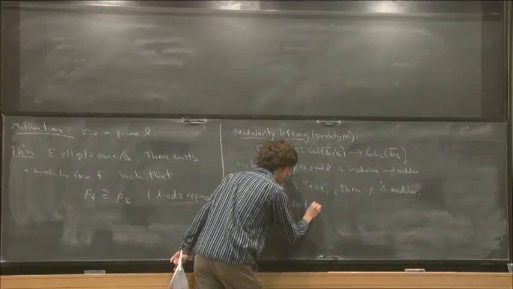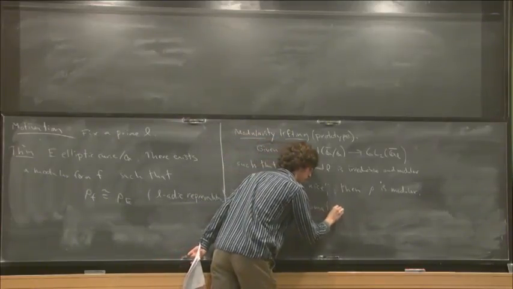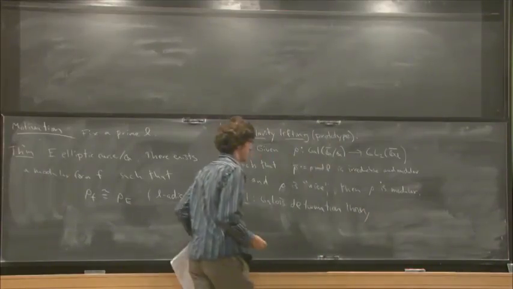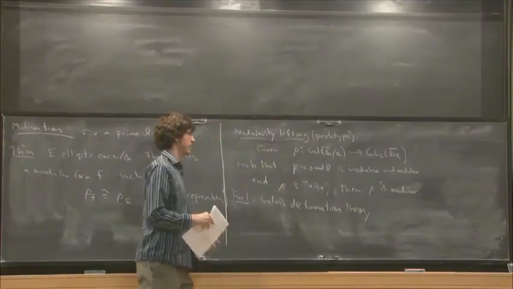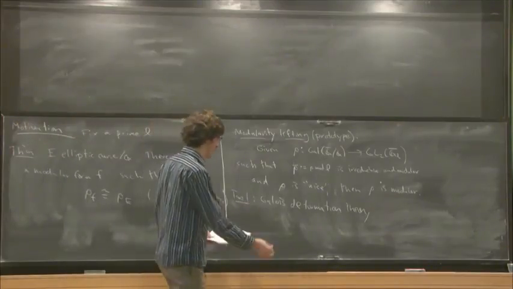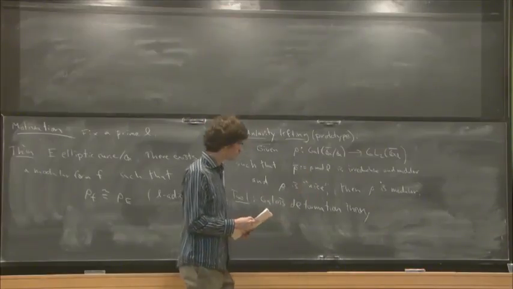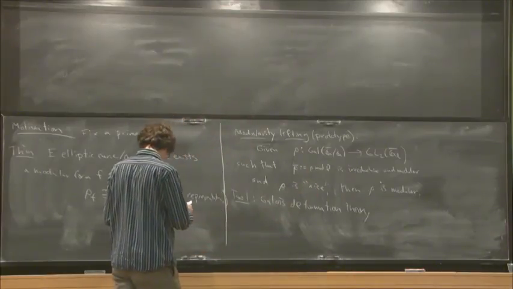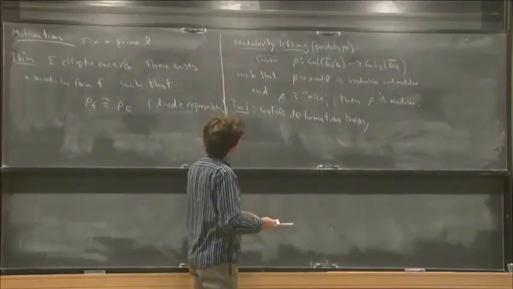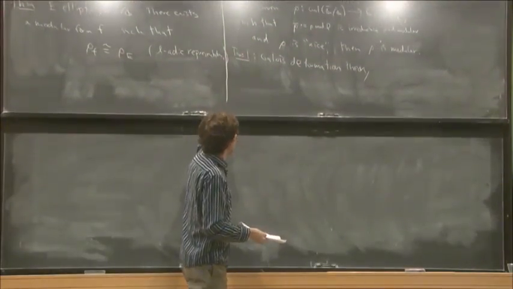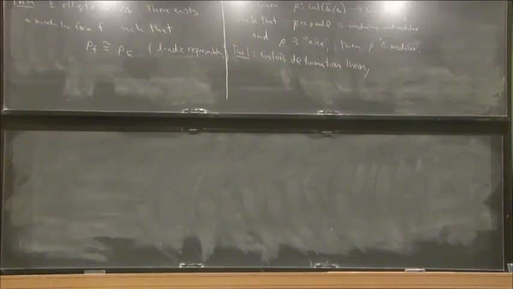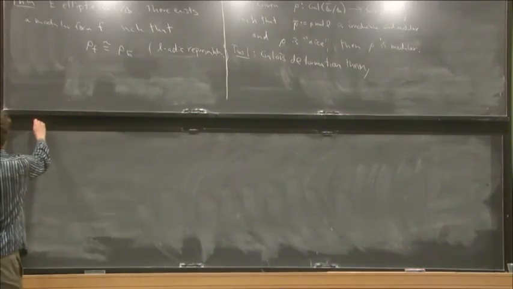So the idea is we're going to study all deformations of rho bar, and the intuitive idea is that we want to pick out the ones that come from modular forms. And so what's one way that we pick out things that come from modular forms? One way is using local conditions.